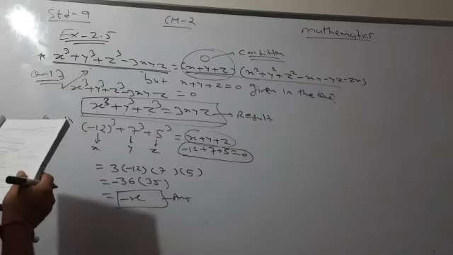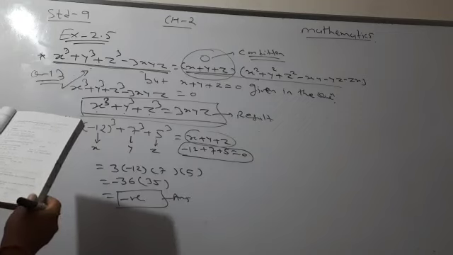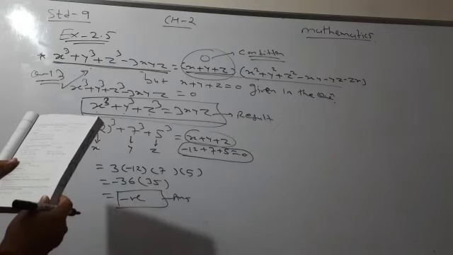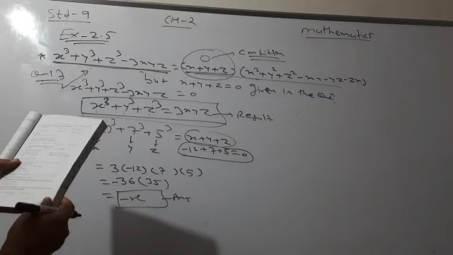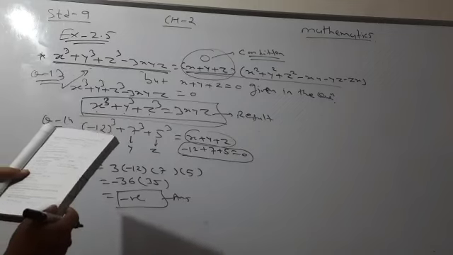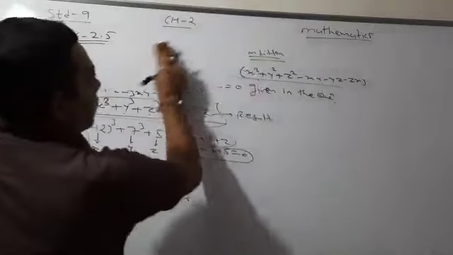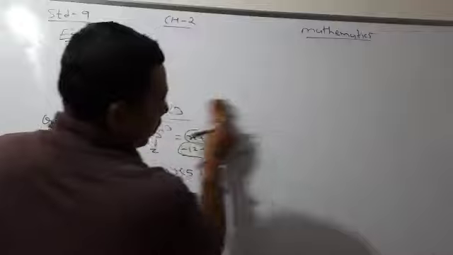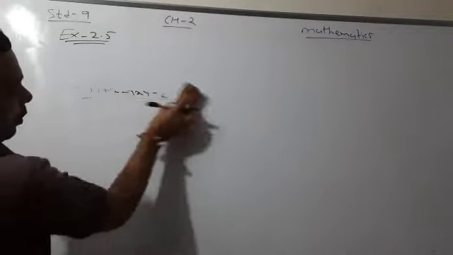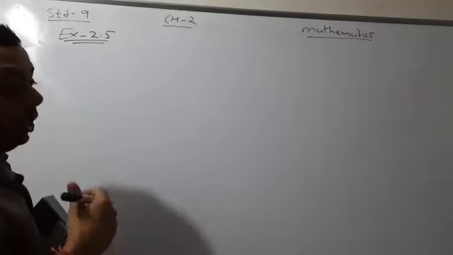Now question number 15. Give possible expressions for the length and breadth of each of the following rectangles whose areas are given. Before we solve this question, I will ask one simple question: what is the unit of area?